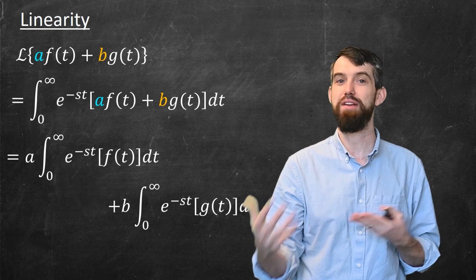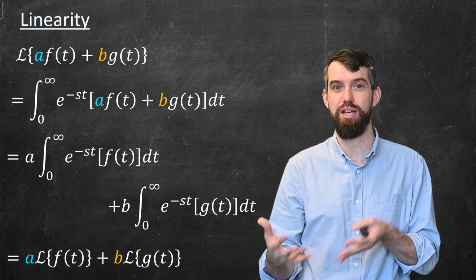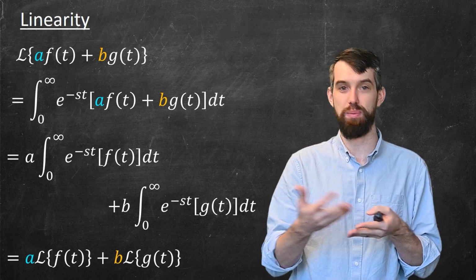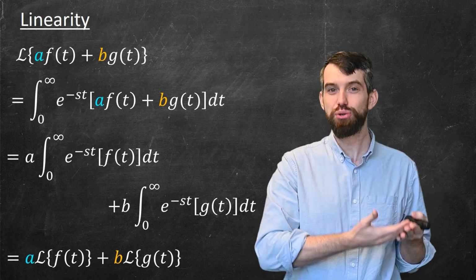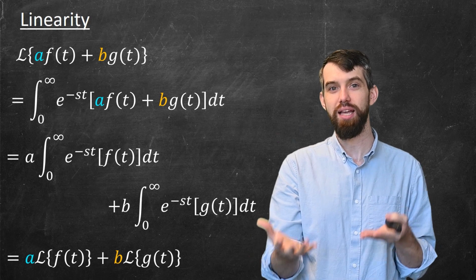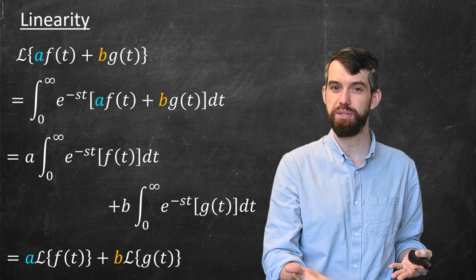And then, just by the definition of the Laplace transform, this is a times the Laplace transform of f, plus b times the Laplace transform of g. And so we have our linearity claim: the Laplace transform of a linear combination is nothing but the linear combination of Laplace transforms.